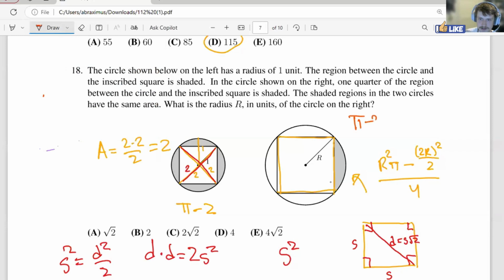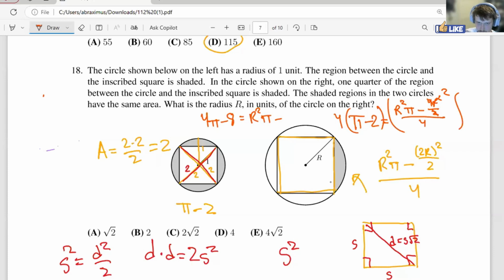We have pi minus 2 is equal to this ugly thing, r squared pi minus, this becomes 4r squared over 2 over 4. So this cancels with this to become a 2, and I'm going to multiply both sides by 4. So we get 4 pi minus 8 is equal to r squared pi minus 2r squared.